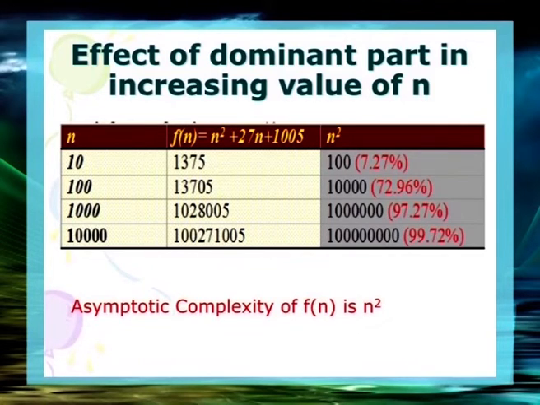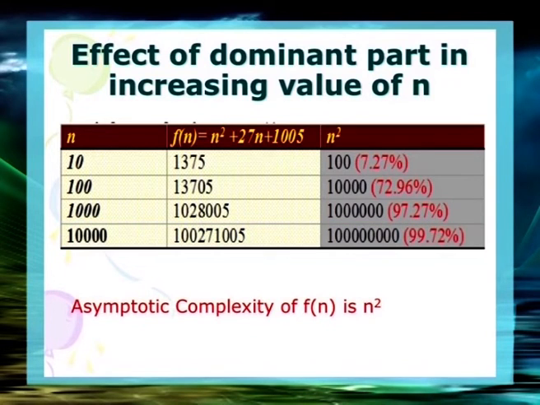in the role that they play in determining the final result. As we can see, when n is 10, the share of n² is only 7.2% in the function, and when n is 100, the share of n² is 72.96%. As n increases to 1000, the share of n² goes to 97.27%, and for n equaling 10,000, the contribution of n² goes to 99.72%.